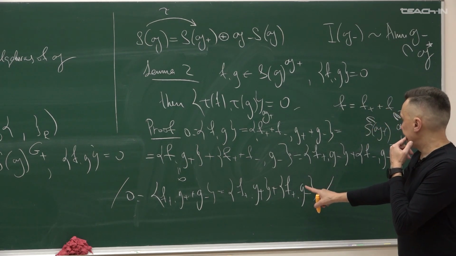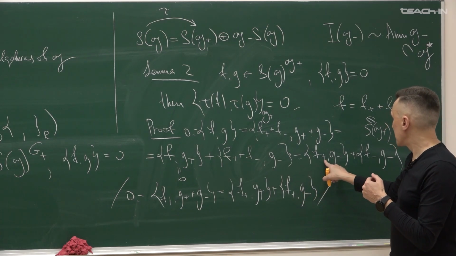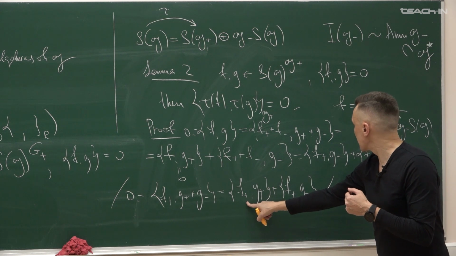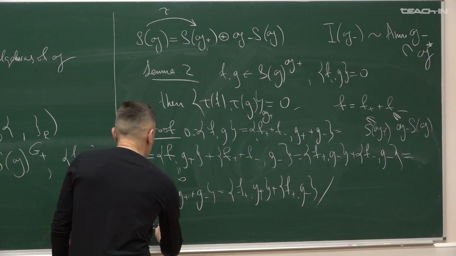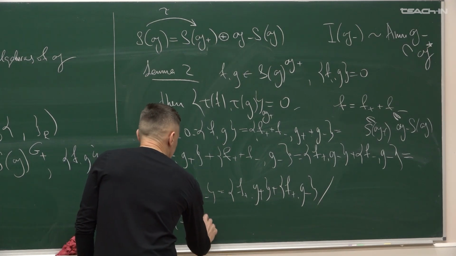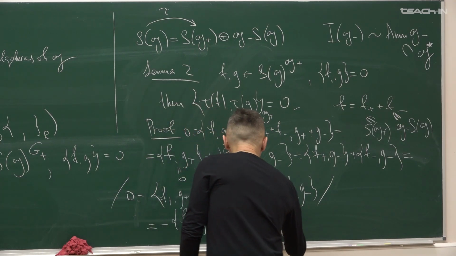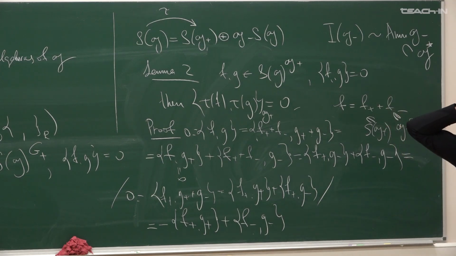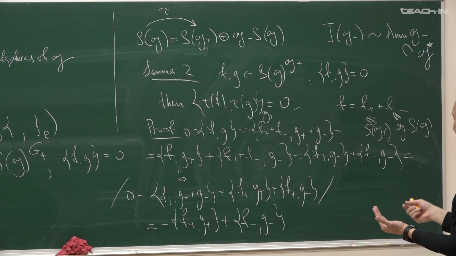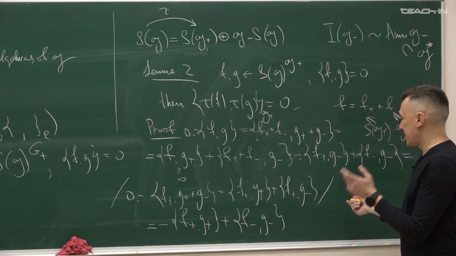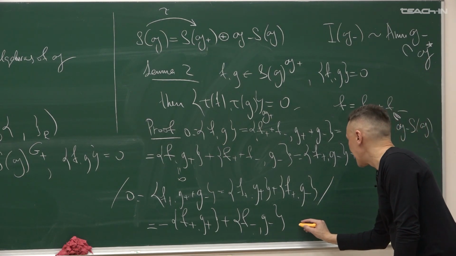And I'd like to put this expression into here, but this expression is minus this expression. So it is equal to minus the bracket of f plus and g plus plus the bracket of f minus and g minus. Okay? And for methodological reasons, I'd like to place them on different sides of the equality.